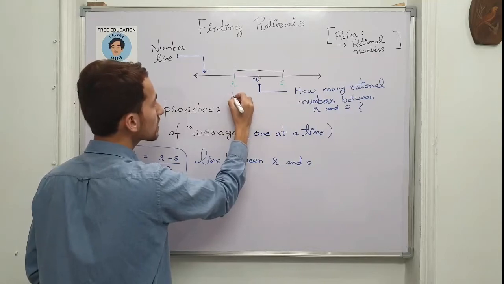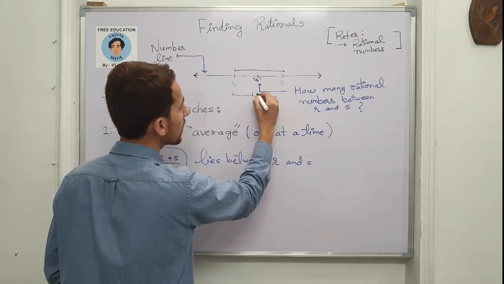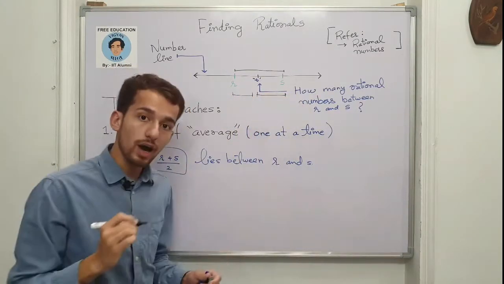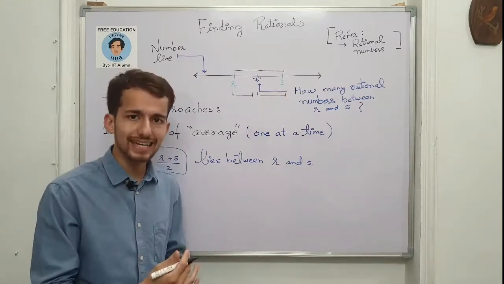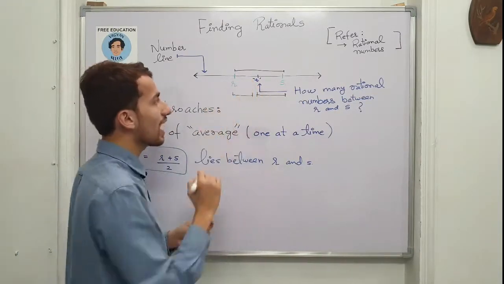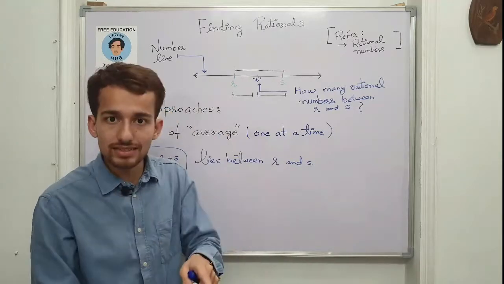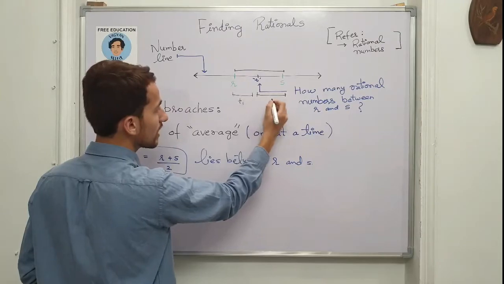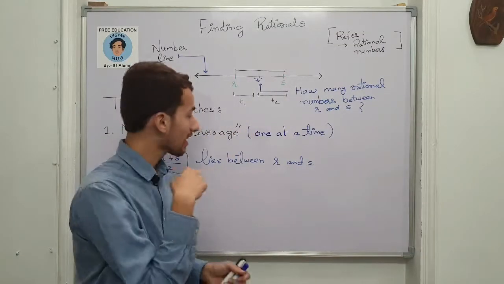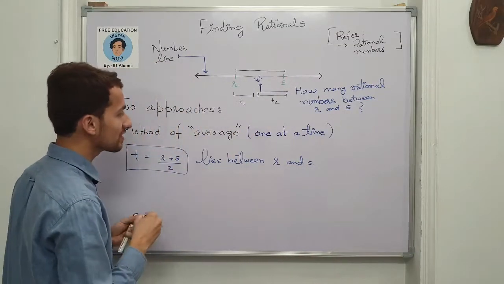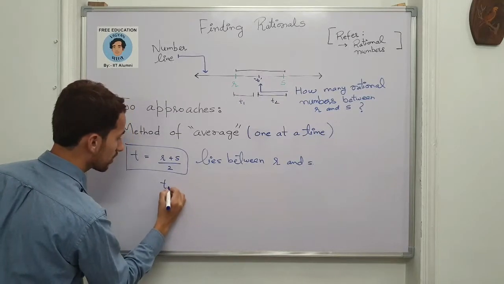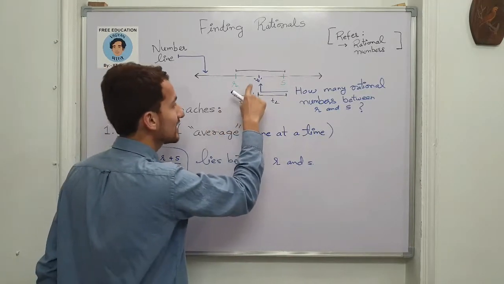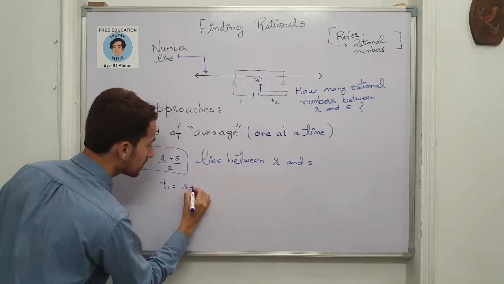This is the first part from R to t and this is the second part from t to S. Now repeating the method again, you can find a rational number between R and t, and between t and S. Here you can find a new t1, and this t1 and t2 are now given by, t1 is given by, because it lies between R and t, the average, R plus t by 2.